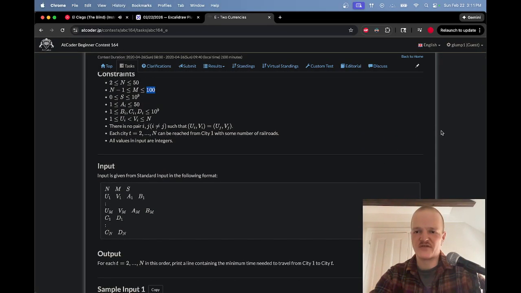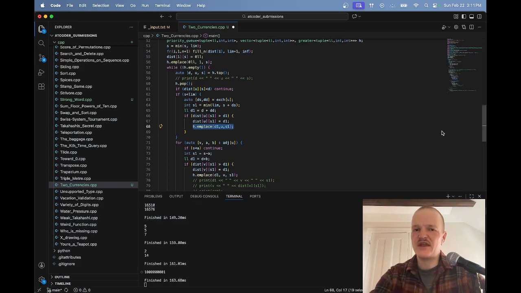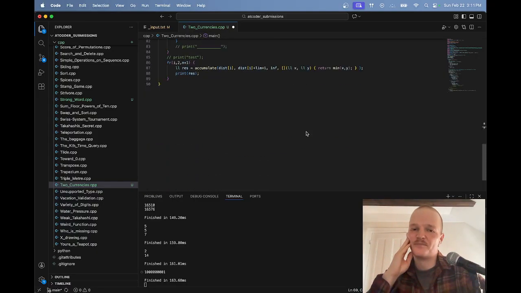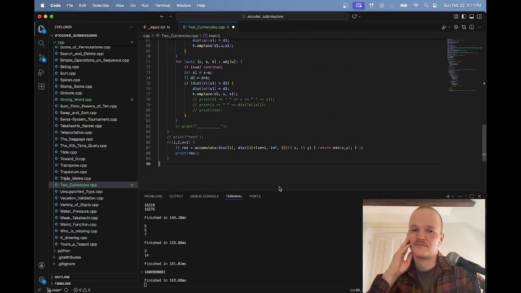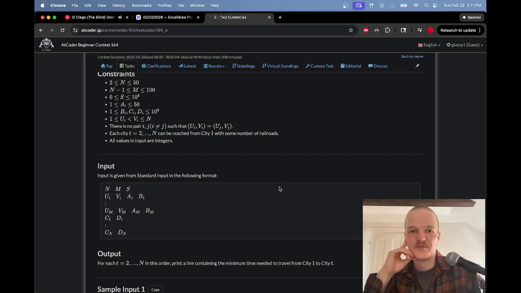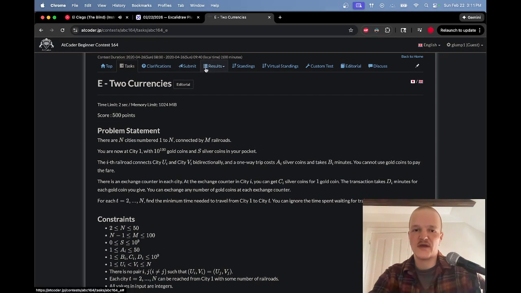Especially because this is kind of a sparse graph, and you can immediately tell that nowhere near all of this will be filled up. Yeah, that's the idea here. And then I just coded that up and submitted it, and it worked.